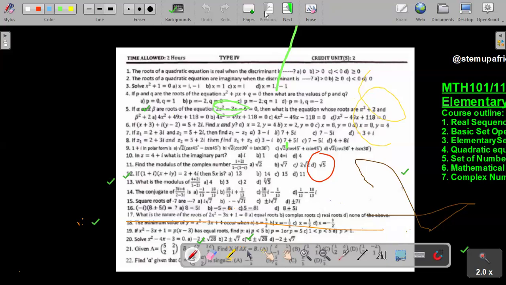Then number 19, if x squared minus 3x plus 1 equals p, open bracket, x minus 3, has an equal root. I gave the condition for equal root the other time: when the discriminant is equal to what? 0. Where the discriminant is equal to 0, that's why we have equal roots. So let's simplify this expression.